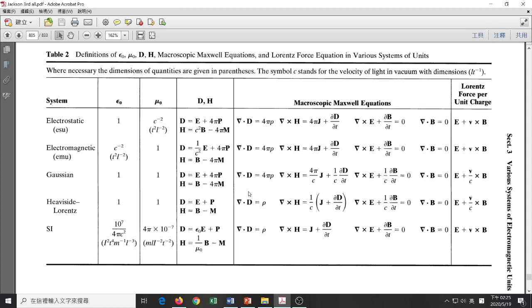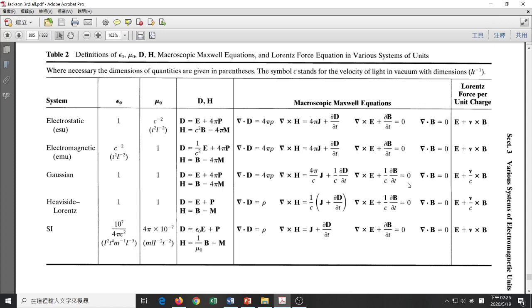So he wrote all the equations in this form: divergence D equals 4 pi rho, and curl of H equals 4 pi J over c plus 1 over c partial D partial t. Curl of E plus 1 over c partial B partial t, divergence B equals 0, and the Lorentz force. We like this one very much because in all the unit systems, it is always the same.